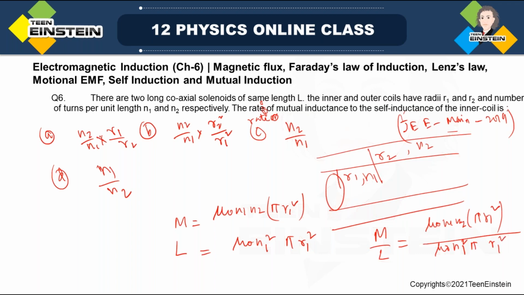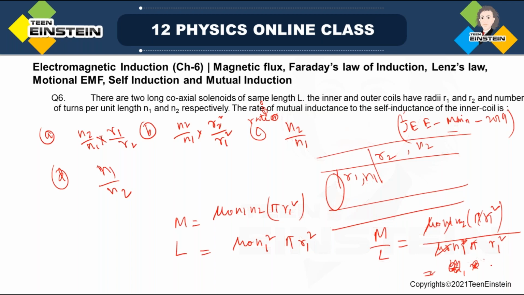So mu0 cancels, n1 cancels partly, so we get n2 by n1. The pi r1 square terms cancel each other.